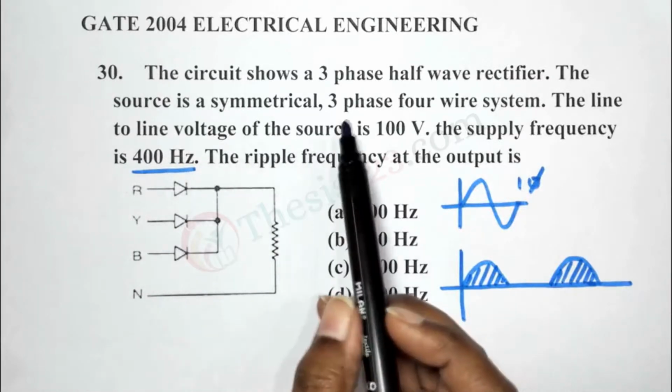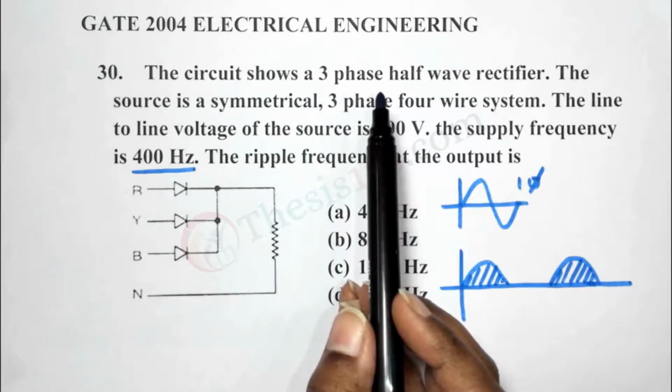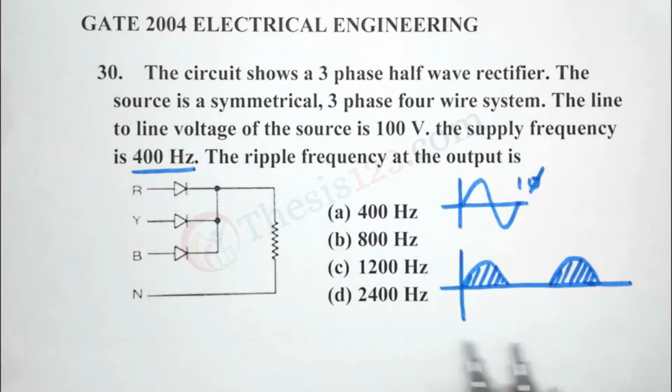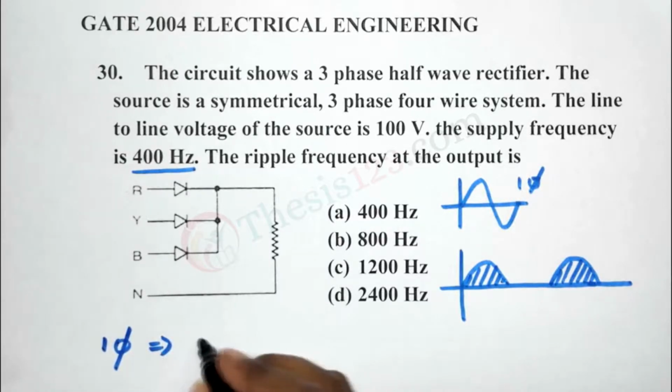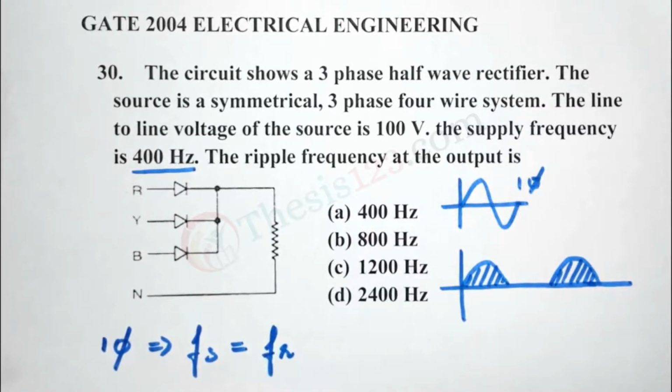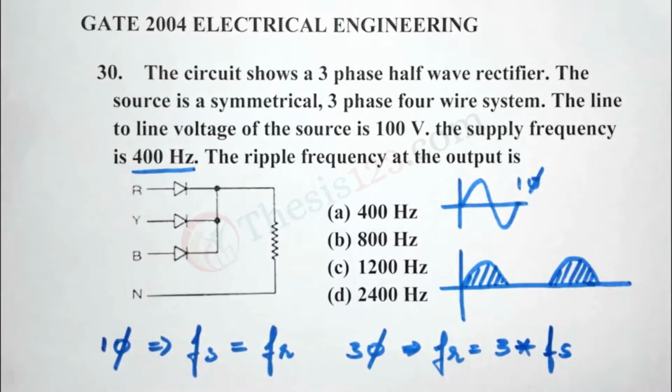But what do we have here? We have a three-phase system. This is a three-phase half-wave rectifier. So for a three-phase, what happens is, let me write that down. For single phase, supply frequency is equal to ripple frequency. But for three-phase, ripple frequency is 3 times the supply frequency.